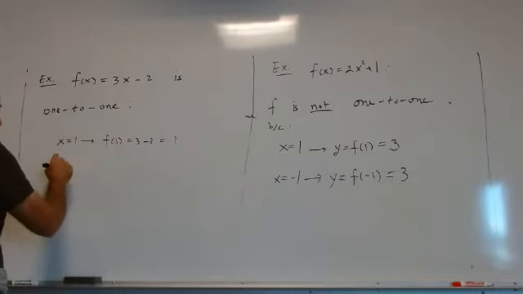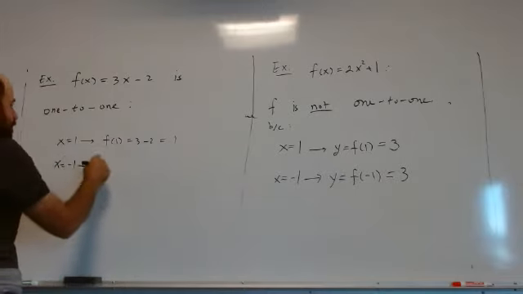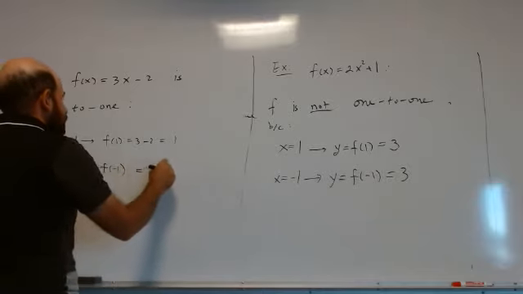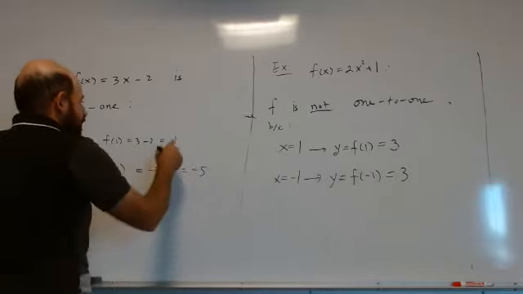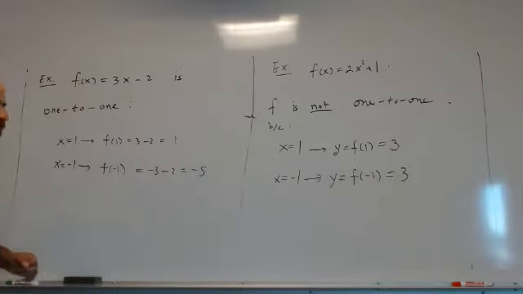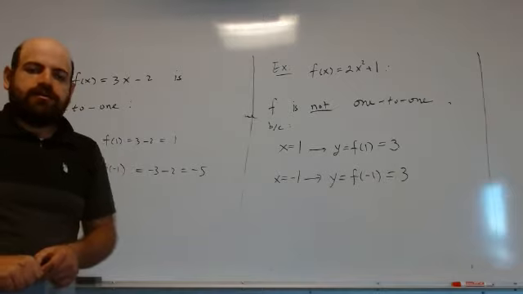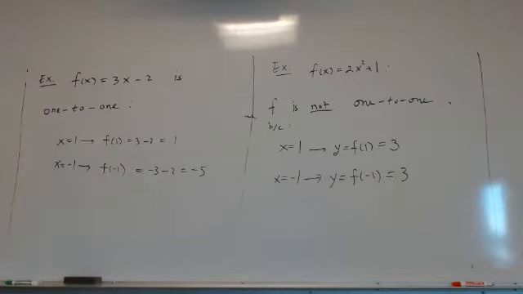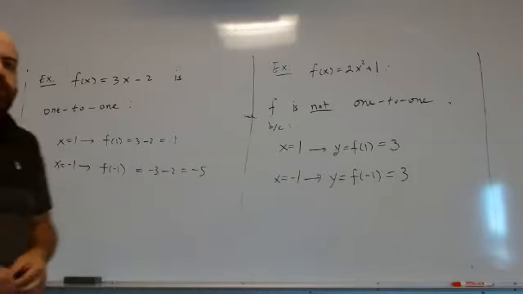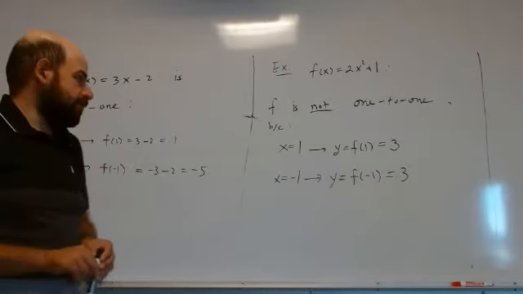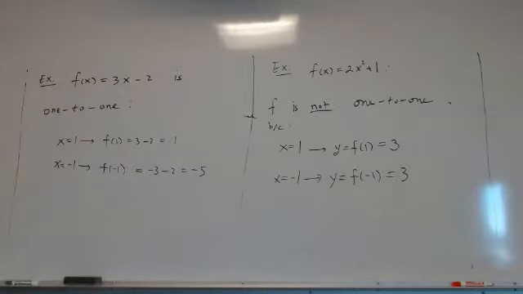And if I use x equals -1, f of -1 will be -3 minus 2, which is -5. And 1 and -5 are not the same. So can I conclude that the function is 1-to-1 because it has different outputs for different inputs?